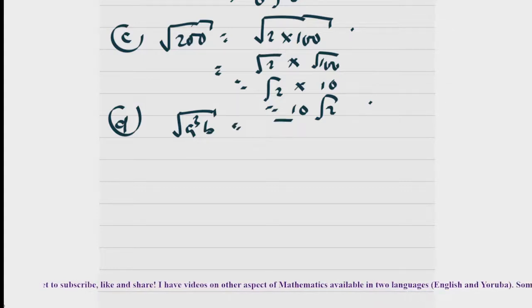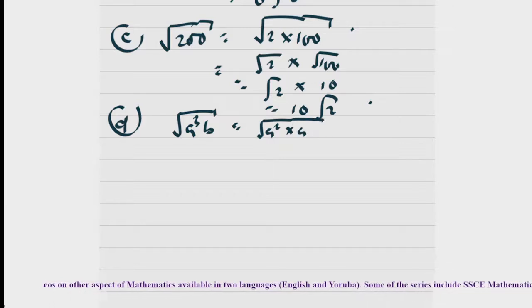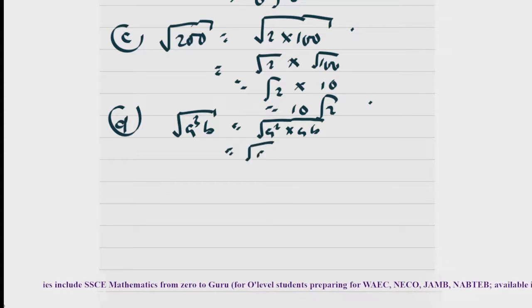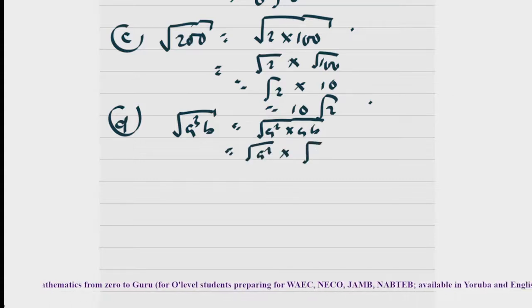I can say root a squared multiplied by a, that is a cubed, right? And you can find the square root of a squared. Indeed, the square root of a squared is a. So that is possible. Then if you split them one by one, this will give me root a squared multiplied by root ab. And what is root a squared? Your square will cancel the square root. And even if you don't want to use that, you can use the rule I gave the other time.